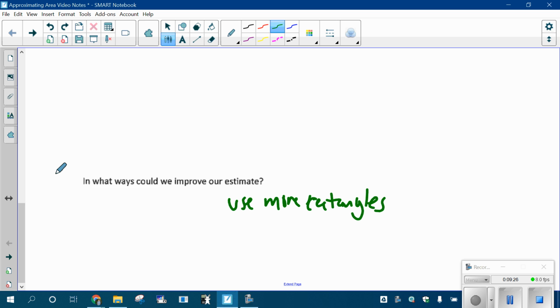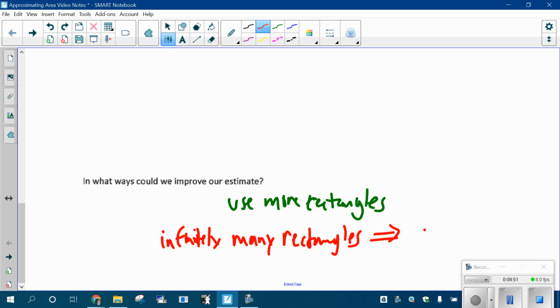So infinitely many rectangles make it such a good approximation that it would actually just equal it. Okay, so if you could use infinitely many rectangles, whatever that means, it's a crazy idea, but hey, calculus is crazy. Infinitely many rectangles, we would get the exact area.